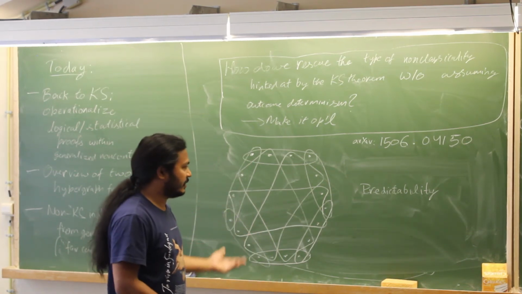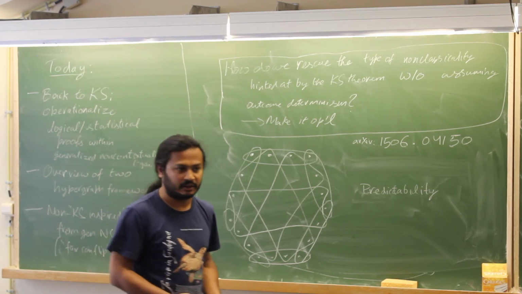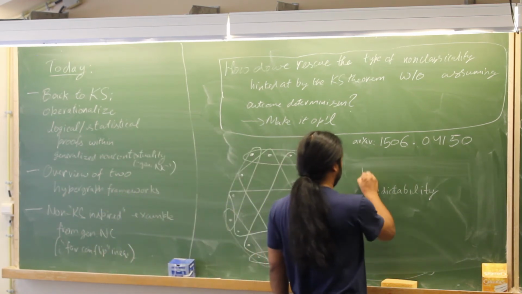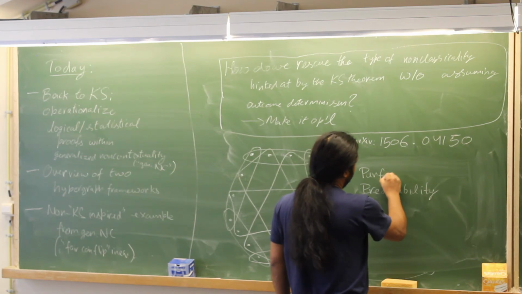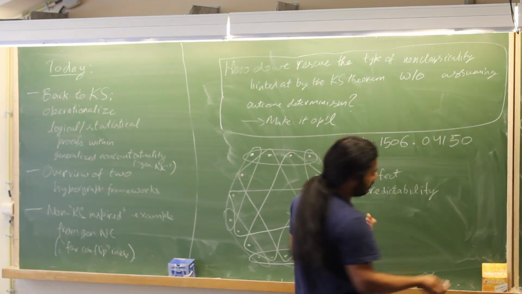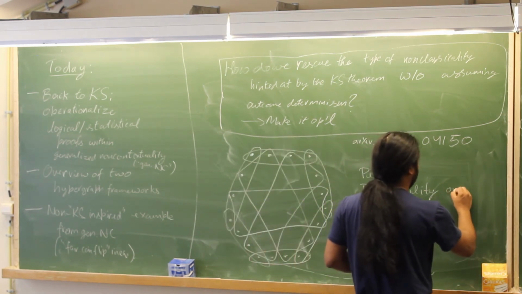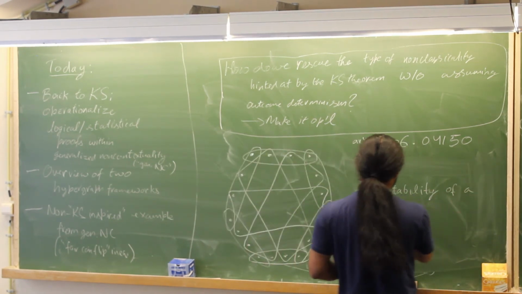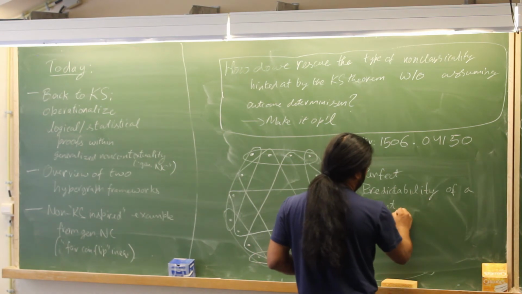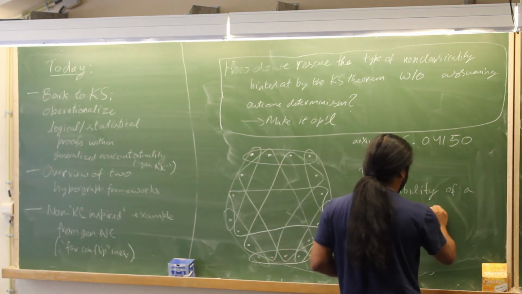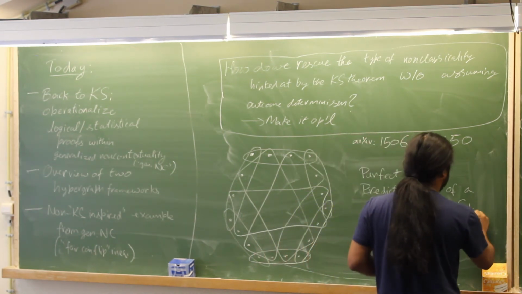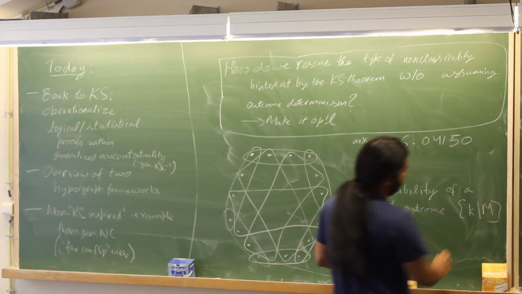Of course, it's inspired by the quantum formalism, but it isn't required, like the eventual statement of the results. So, I'll say perfect predictability of a measurement outcome, let's say k given m, is the effect we're interested in.